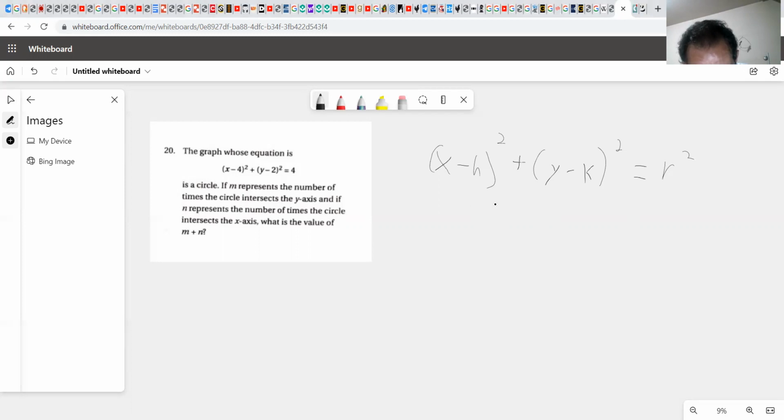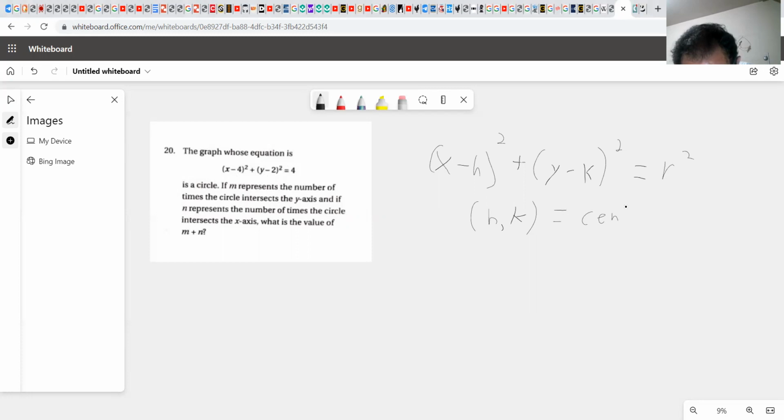So (h, k) is the center. Since we have a minus and a minus, it fits very nicely, so the center of this circle would wind up being (4, 2). If it was plus, you would have to think of it as minus minus, but we don't have to worry about that in this problem.